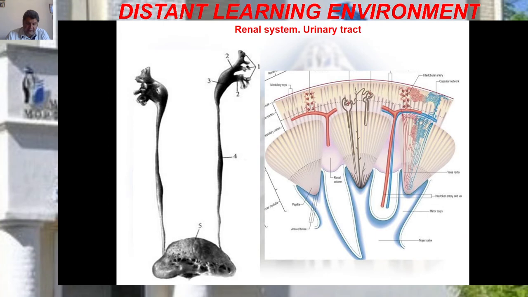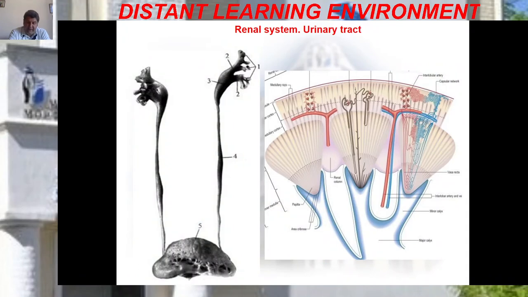So the female ureter is shorter, and the relation of the inferior part of the ureter in the female to the organs differs from that in the male ureter.